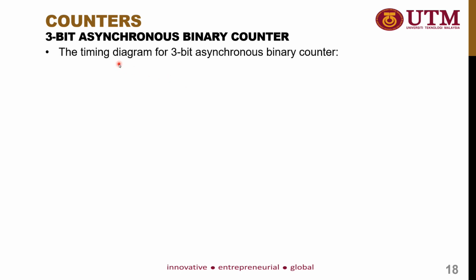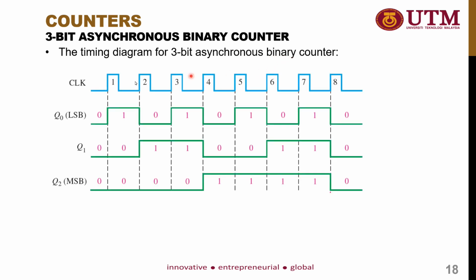So the timing diagram for the 3-bit asynchronous binary counter is given here. We have a total of 3 outputs: Q0, Q1, and Q2, where Q0 is the LSB and Q2 is the MSB. The 3-bit asynchronous binary counter works the same as the 2-bit binary counter, but with an additional bit.